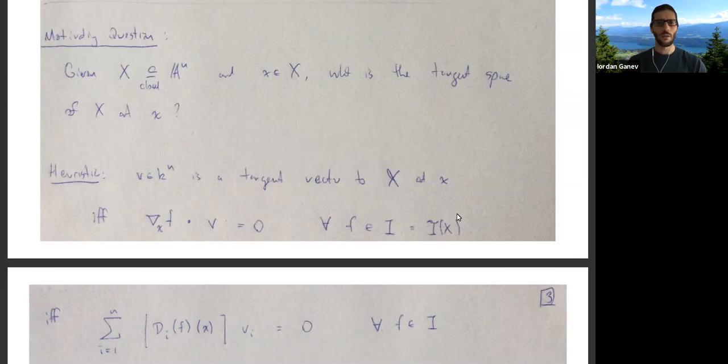So we have d polynomials F1 through Fd that define X. And we can compute their partial derivatives with respect to the n generators of the polynomial algebra, T1 through Tn, the coordinates on A^n. And so we can organize this into a d by n matrix. So we have d generators and then n partial derivatives for each one.